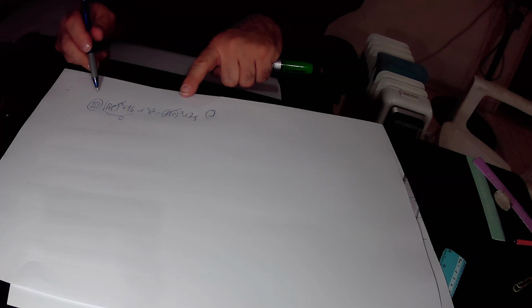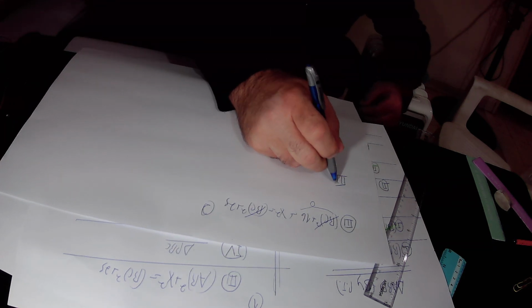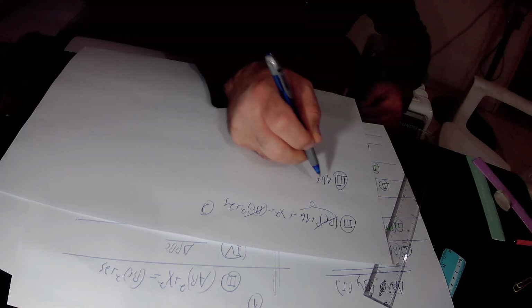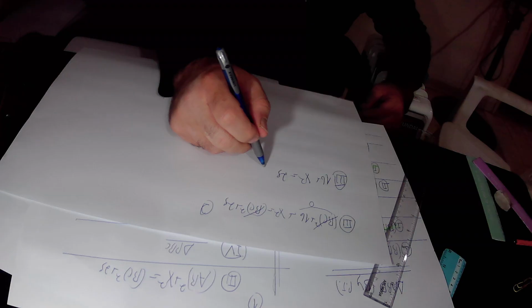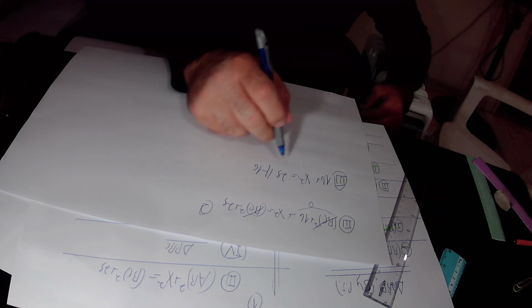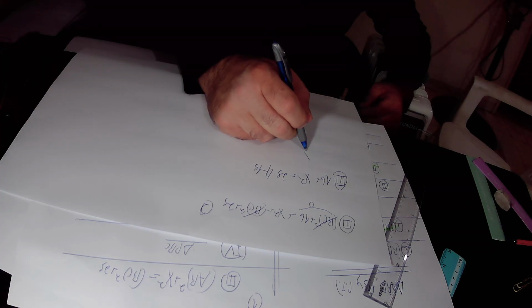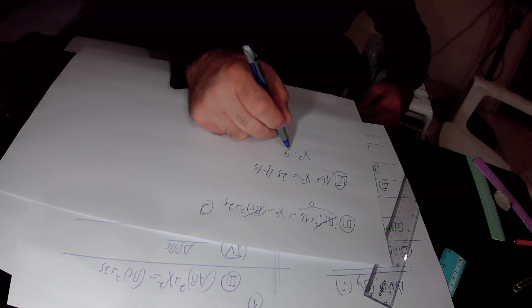We are left with 16 plus X squared equals 25. Here we subtract 16, so X squared equals 25 minus 16, which is 9. X squared equals 9.